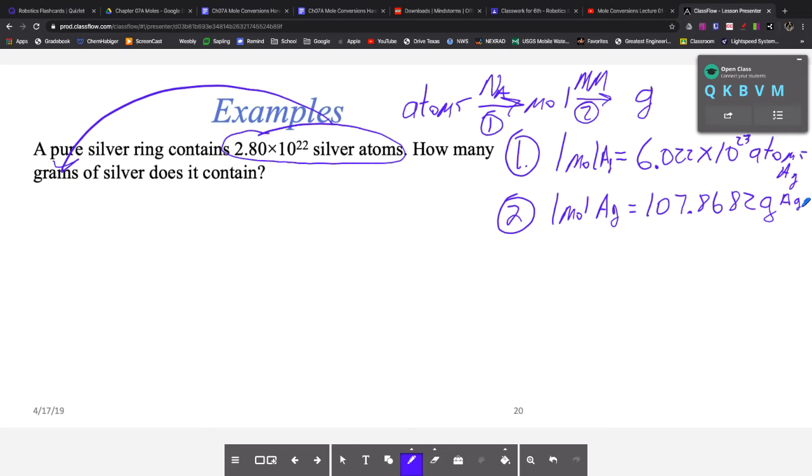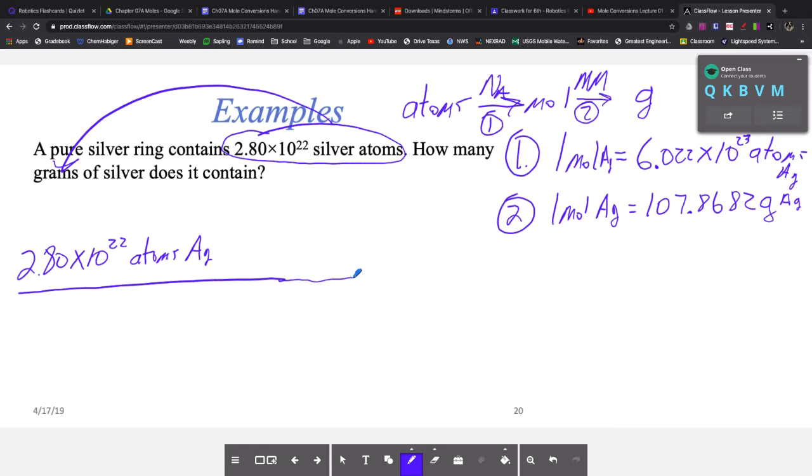So then we're going to start with the number we're given. And since we're starting with atoms, we have atoms on top, that means we want atoms on the bottom.